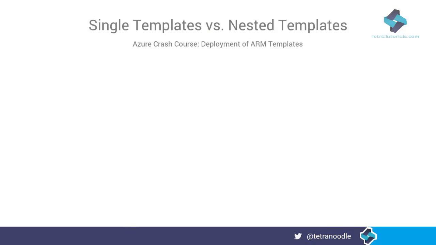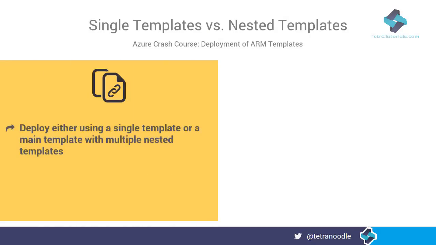Now, let's look at single templates versus nested templates. The Azure ARM allows you to deploy your solution either as a single template or by distributing the responsibilities as a good coding practice into multiple templates. Why is this needed or even recommended as good coding practice?